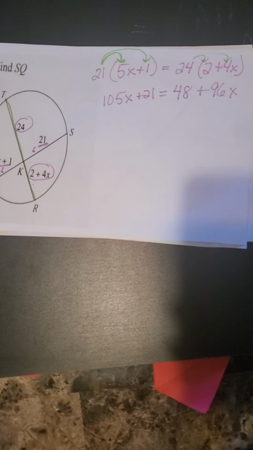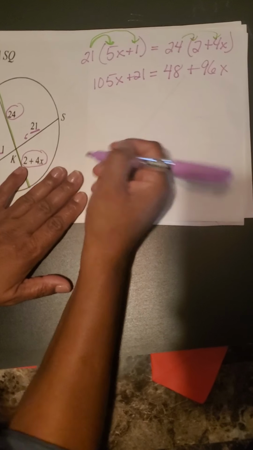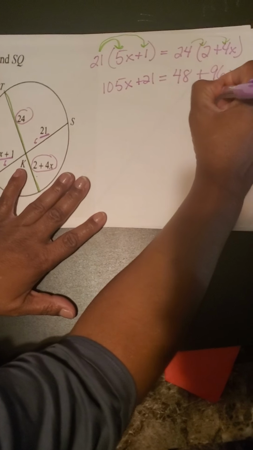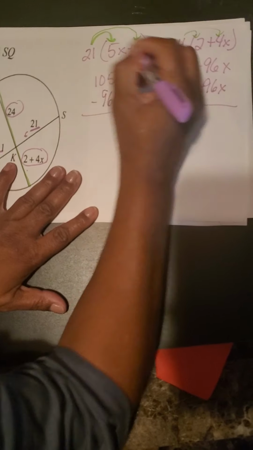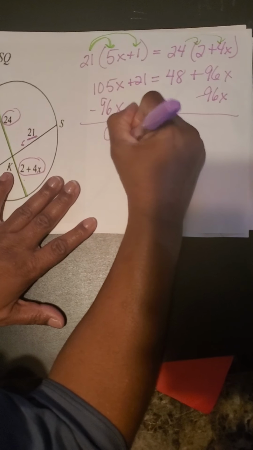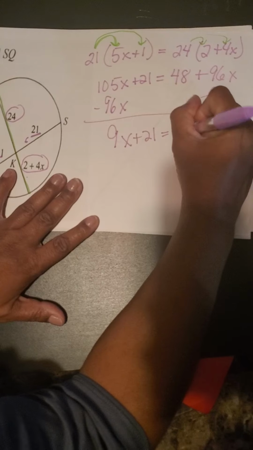Let's solve for x now. We've got to move the variable to one side, numbers to the other. So I'm going to subtract 96x from both sides. 105 minus 96, I'm left with 9x. Bring down everything. Plus 21 is equal to 48.